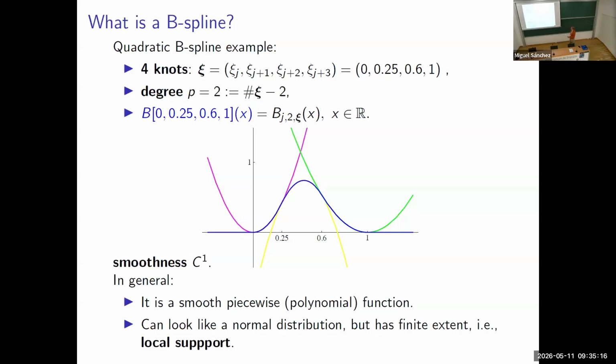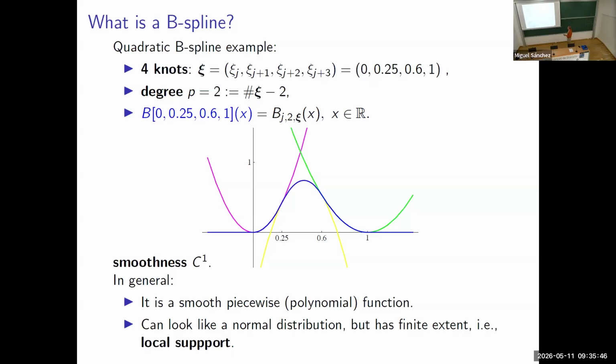The B-spline is this blue curve here, and it consists of 3 pieces of parabola. Here you have a 0, then you meet this red or pink parabola, and you see it meets here, so it's smoothness C1. Then you meet the yellow parabola, and they meet exactly at the point where you have the knot.